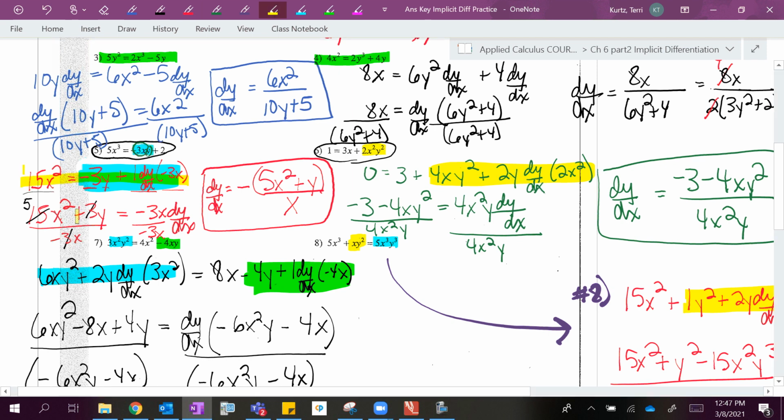So to go to the second step here, I just added the 3y over to the other side. And then I just rewrote this term. Again, we talked about that in class. When I'm taking the product rule, I like to write it out just as I'm saying it, like derivative of the second, which is that 1 dy dx times the first. But all of those are just being multiplied together.